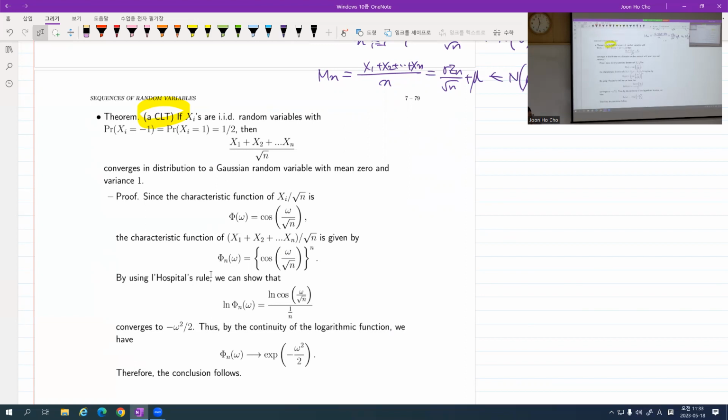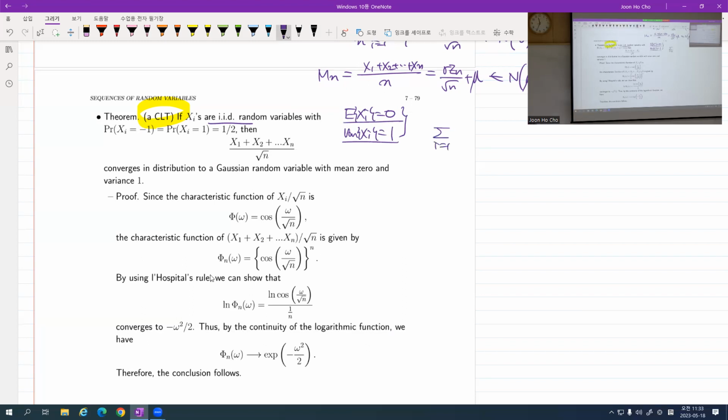And you don't need to prove it, actually. What you can do is just compute the mean and compute the variance. What is the variance? Variance is 1, right? And from the IIDness and finite mean and variance, you can just invoke the previous central limit theorem. And what's the result?